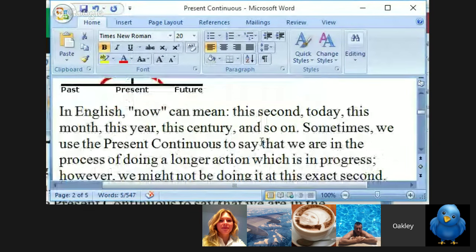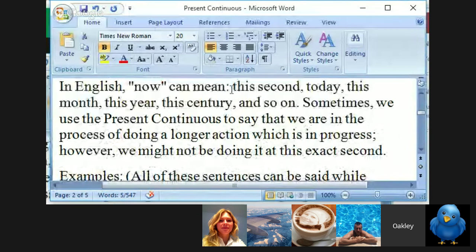As I was saying earlier, in English, now can mean this split millisecond. It can also mean today, this month, this year, this century. It's all relative to what context you're putting it into. Relative to the age of the Earth, this century is pretty now.